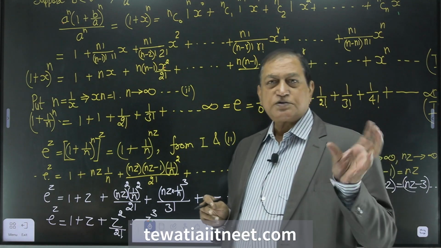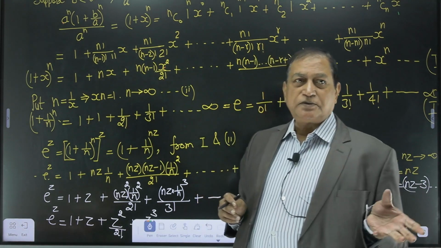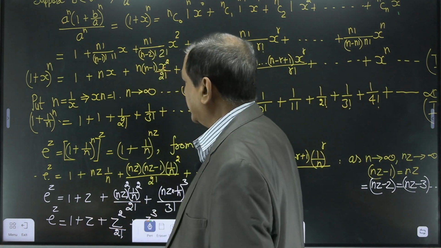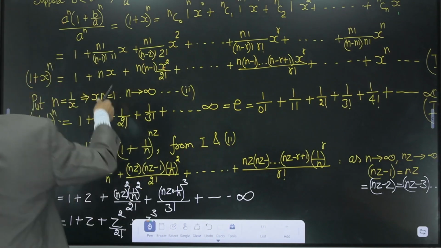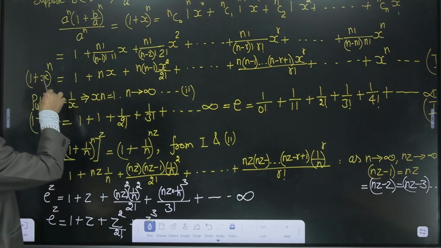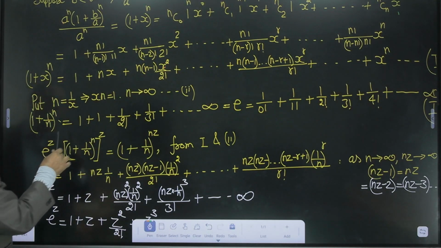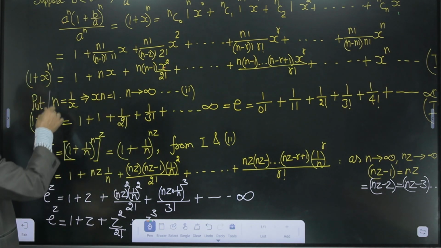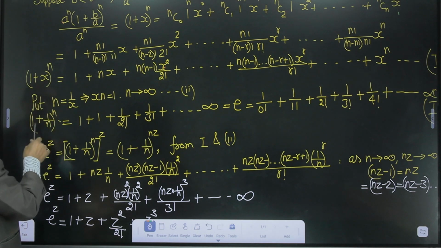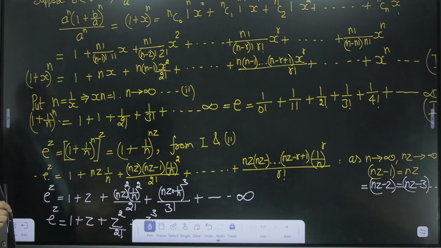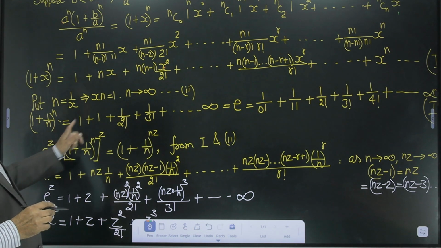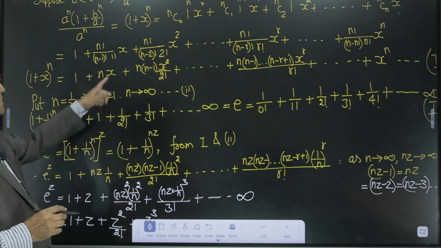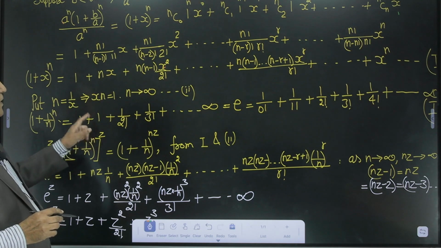That will be very small, but the multiplication of 1 by 10,000 and 10,000 will always be 1. So when I put x equal to 1 by n and n tends to infinity, this expression becomes (1 plus 1 by n) raised to the power n. So simply keep substituting: in place of x, I substitute 1 by n. So n into 1 by n is 1.